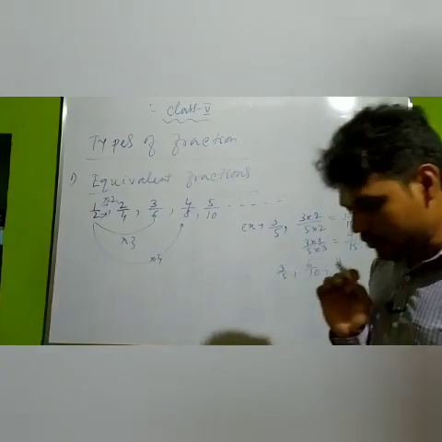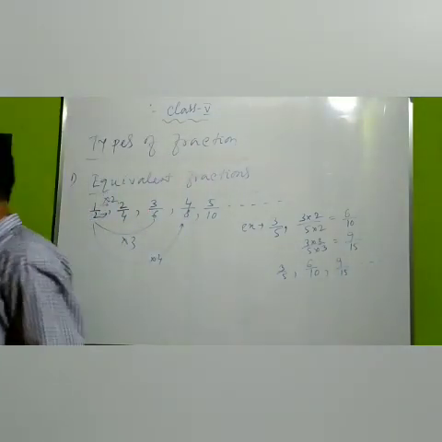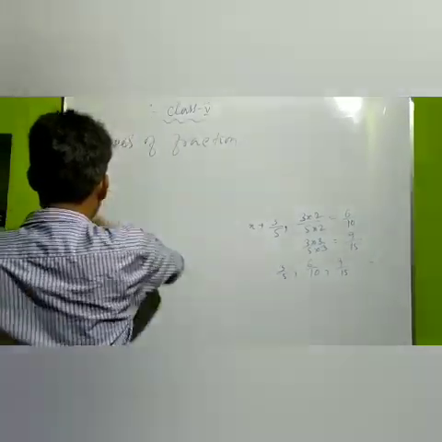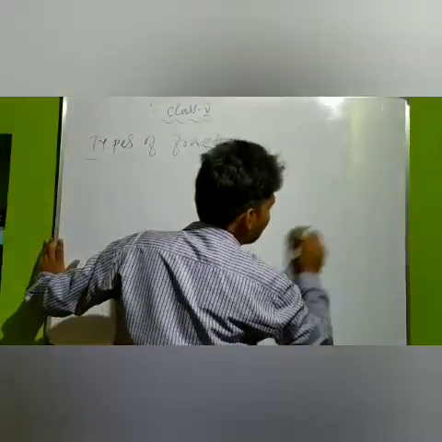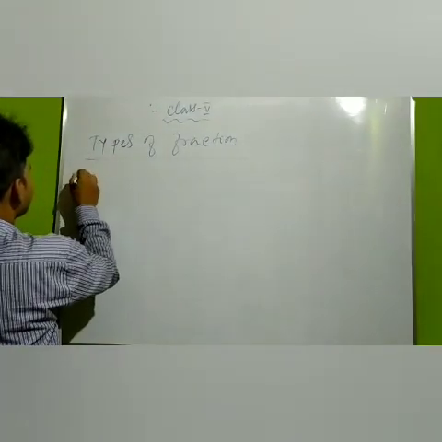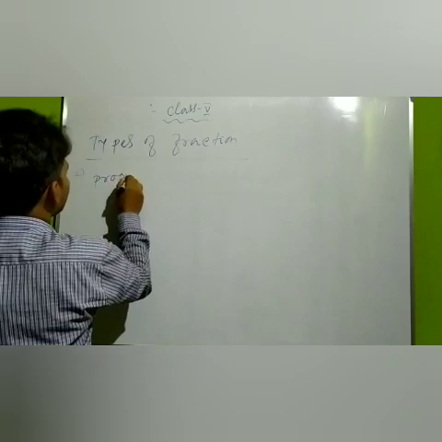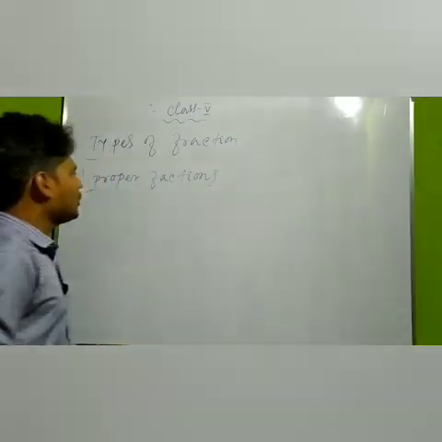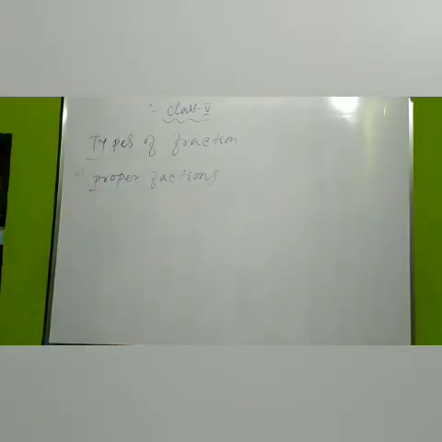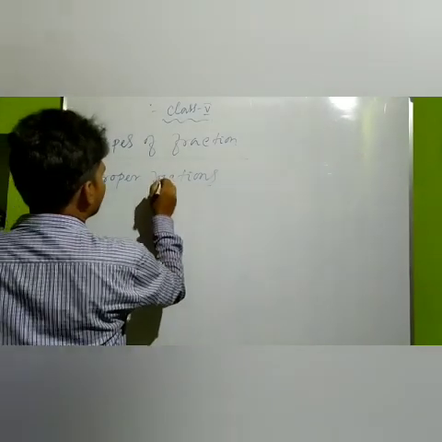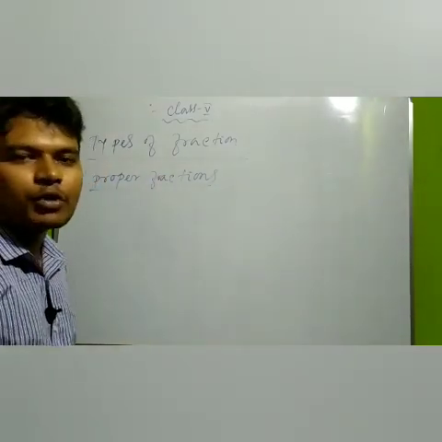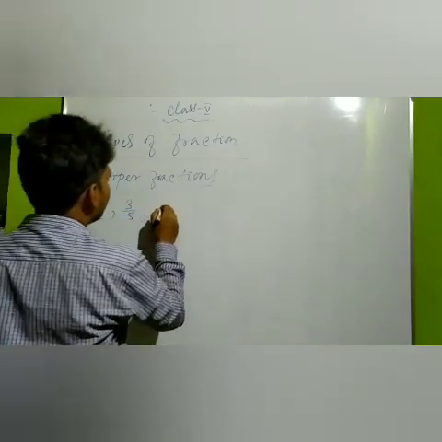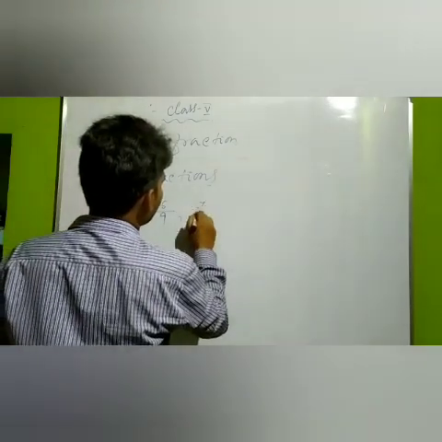Now you come to the second type of fraction, proper fraction. Which type of fractions are called proper fractions? 1 by 2, 3 by 5, 6 by 9, 7 by 11.